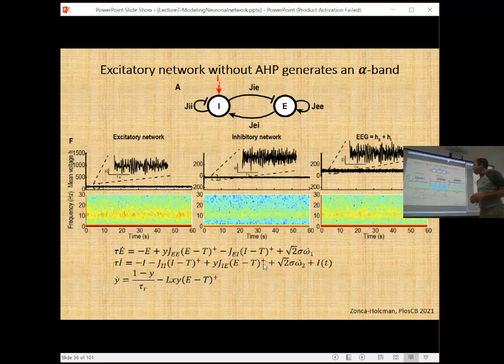Okay, so the next stage was to connect. As you know, in the brain there are excitatory neurons and inhibitory neurons. So we have the inhibitory neuron here, excitatory neuron there. The excitatory neuron can excite the inhibitory. You can stimulate the inhibitory here, and I will explain why and where we are converging with this.